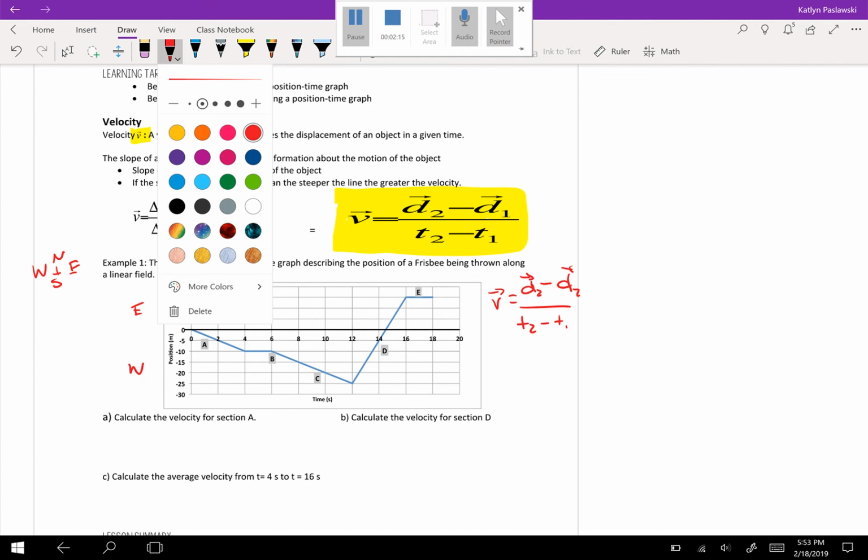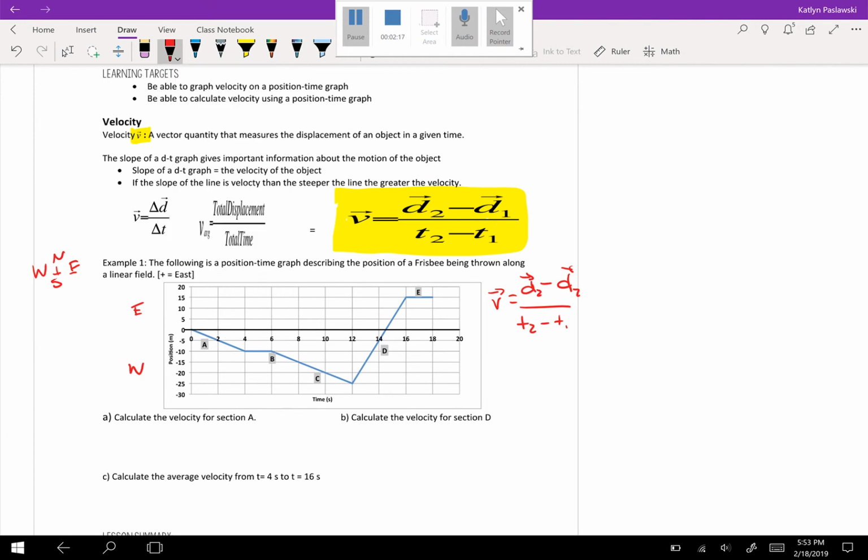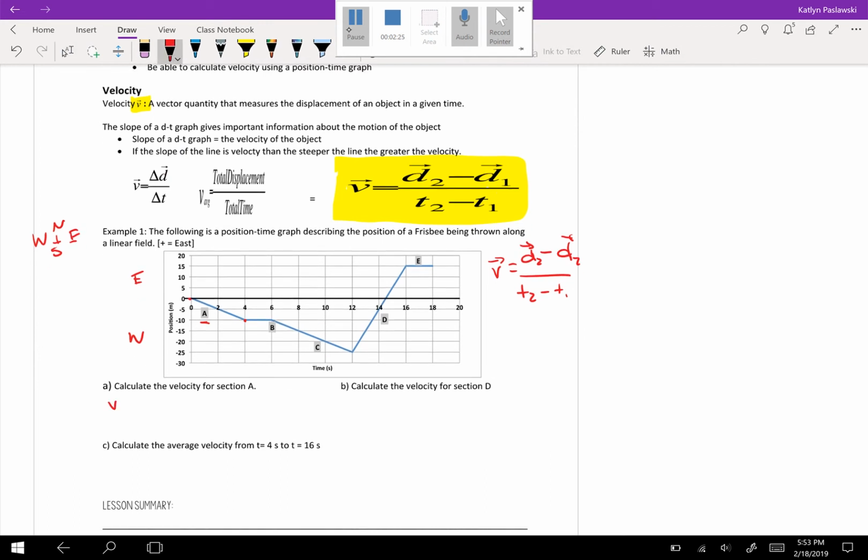All right, so we're going to calculate the velocity for section A. It starts and finishes at those 2 points, and I'm going to use the formula. So velocity is equal to position 2 minus position 1 over the change in time, which is time 2 minus time 1.